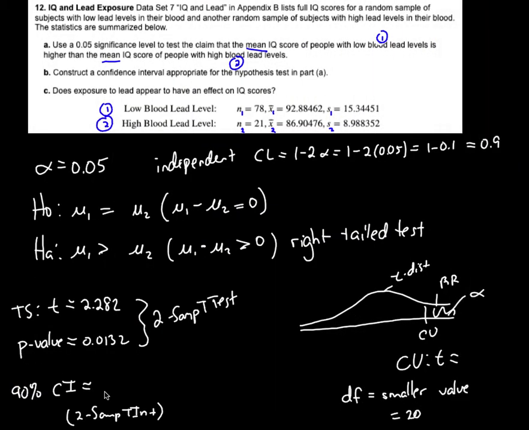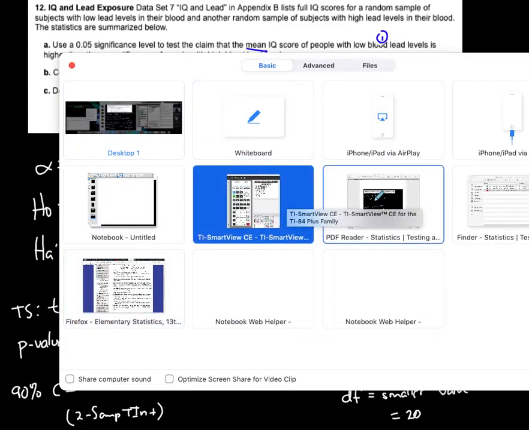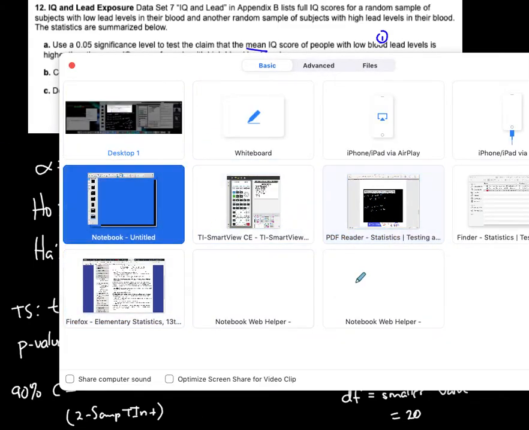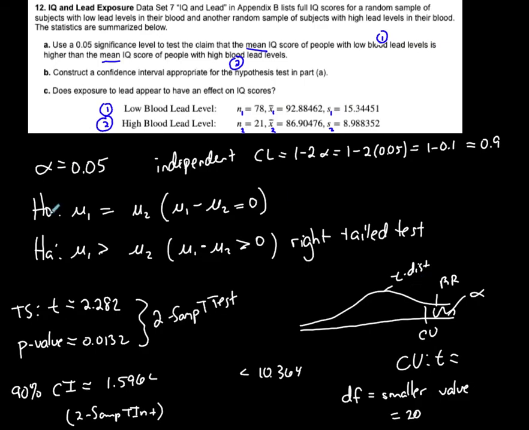Confidence interval, which is 1.596 on the low end and 10.364 on the high end. Okay. And again, you guys can see this, right? My confidence interval, if I'm comparing two means, represents the difference of the two means.